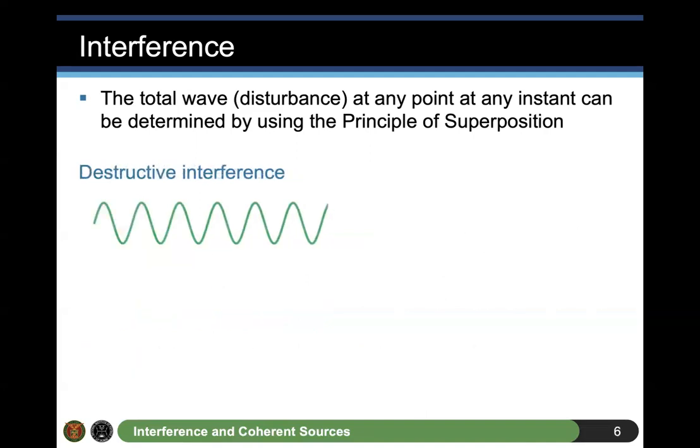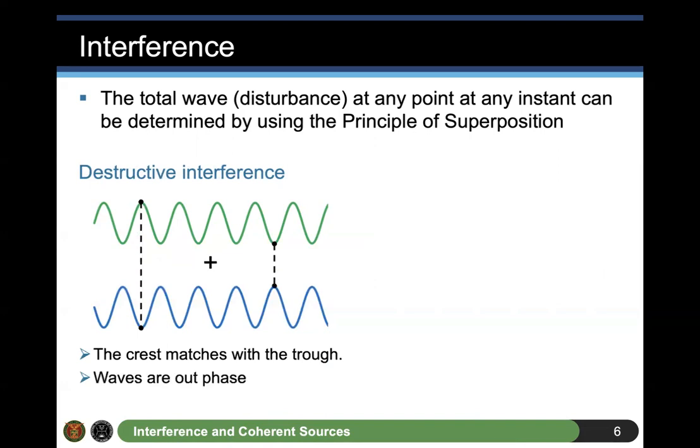For destructive interference, again, we have these two waves, we line them up. Okay. And after aligning, we see that the crest of one wave matches with the trough of the other wave. Okay. So in this case, the waves are now out of phase. Okay. Out of phase.